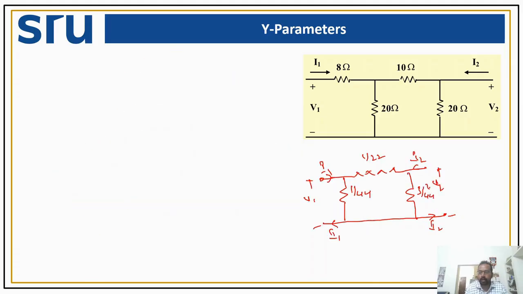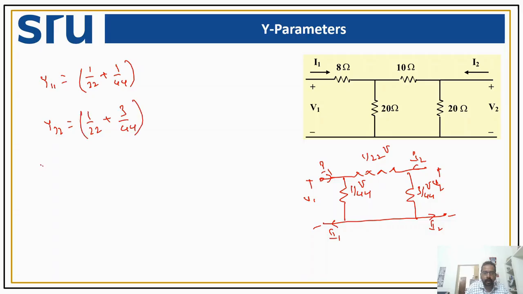These all are in mhos. Okay, so what will be my Y11? Y11 will be equal to summation of these two, that is 1 by 22 plus 1 by 44, whereas Y22 will be equal to 1 by 22 plus 3 by 44 and my Y12 which is equal to Y21 which will be equal to minus 1 by 22.